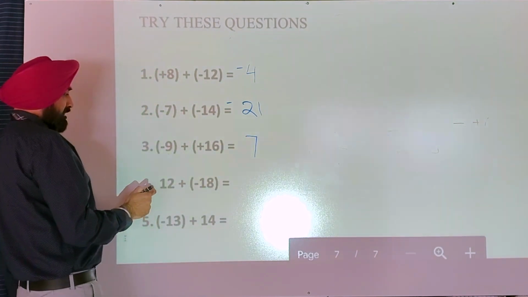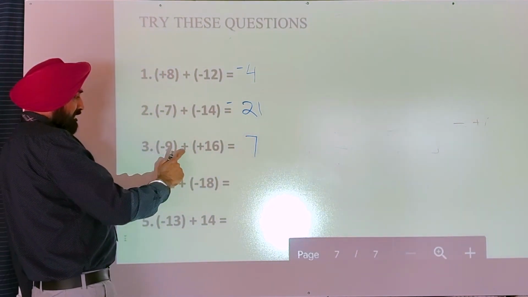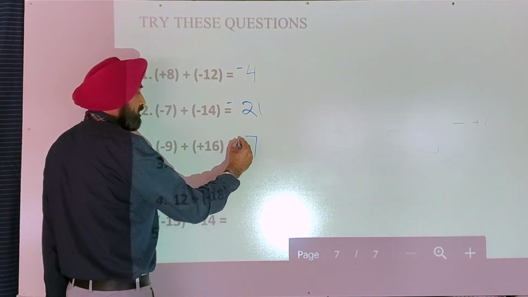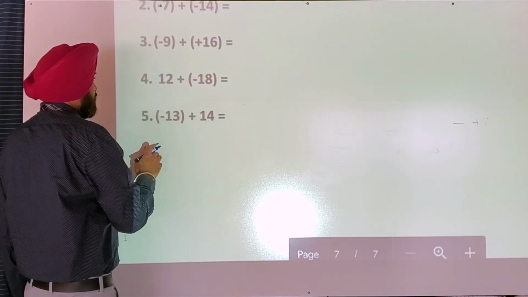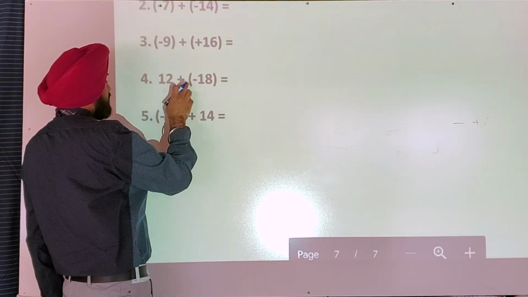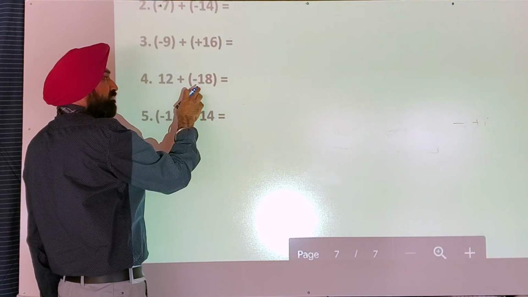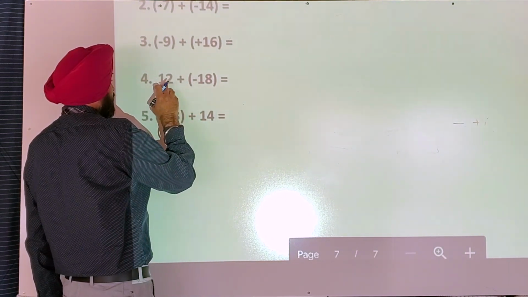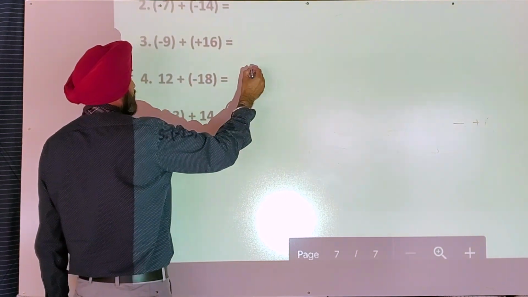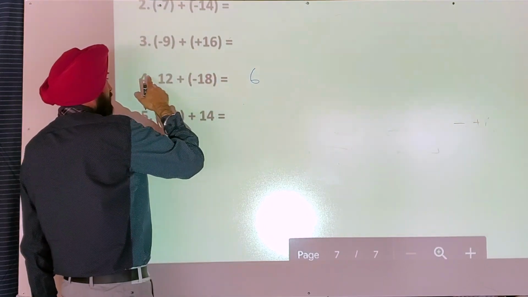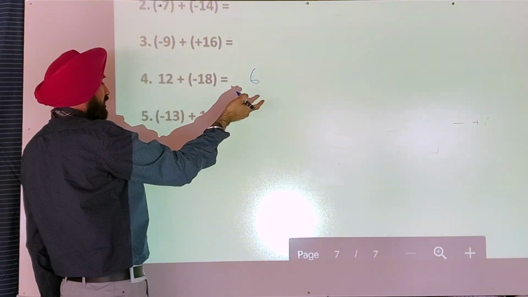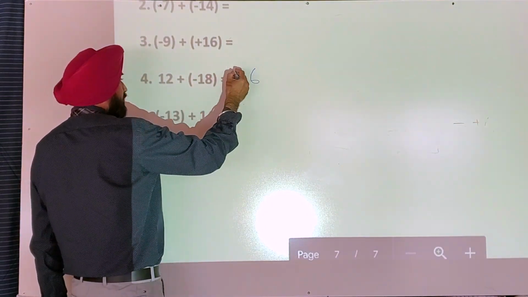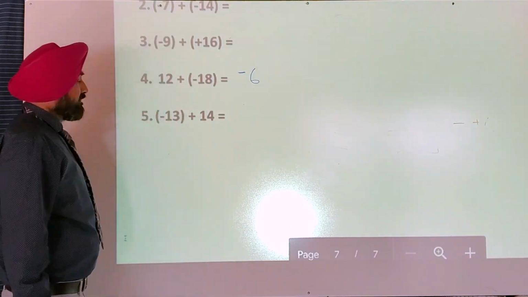What sign? 16 is bigger than 9. 16 is positive, so this should be positive 7. One positive, one negative. We subtract. 12 take away from 18 is 6. This is positive, this is negative, so we subtract. So 18 is bigger, should be negative 6.